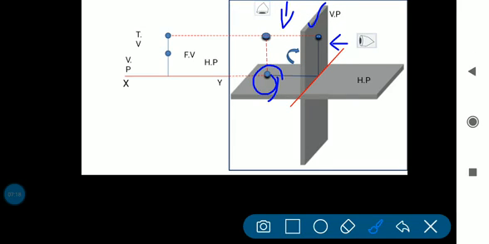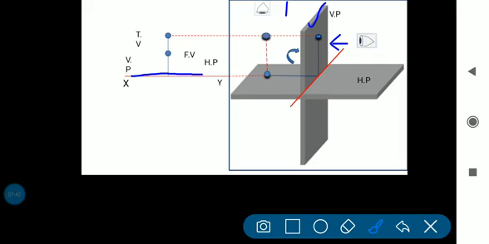Here this is the horizontal plane and this is the vertical plane. Okay, after rotating the horizontal plane at an angle of 90 degrees, we get the final projection. That means this vertical plane and horizontal plane meet at a reference line.